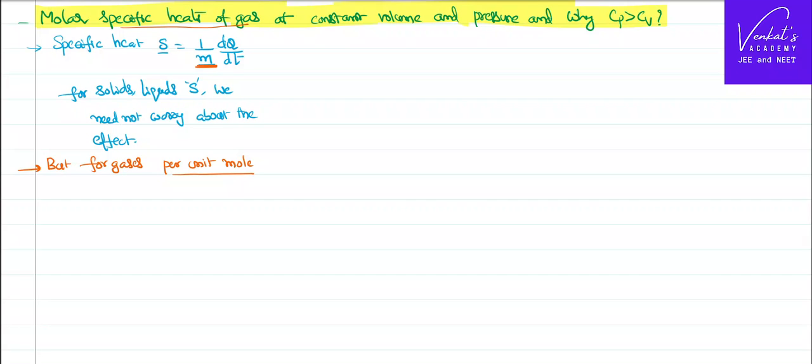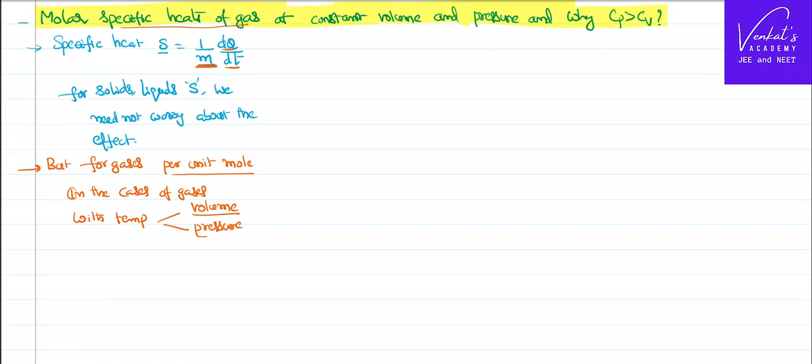One more thing is, when you supply heat energy, it's not only the temperature that gets affected, it's the pressure also that gets affected in the case of gases. So in the case of gases, when you vary the temperature with heat energy, two parameters vary, volume as well as pressure.